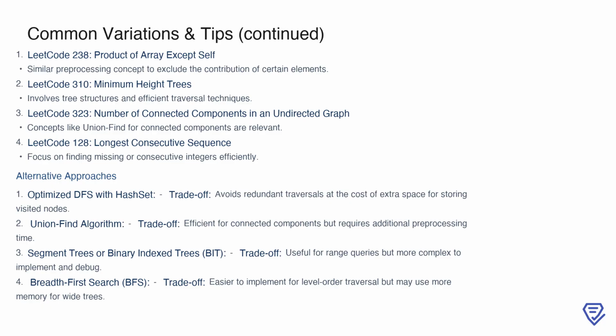You might also explore segment trees or binary index trees for range queries, which are efficient but more complex to implement. Lastly, breadth-first search is a straightforward method for level-order traversal, but it can consume more memory when dealing with wide trees. Choosing the right approach often depends on the specific constraints and trade-offs you need to balance in your solution.